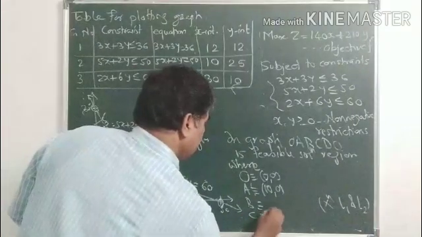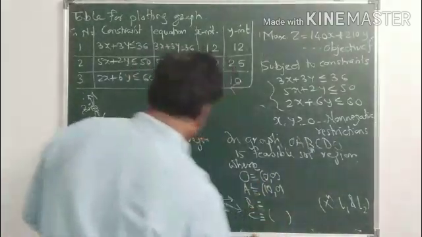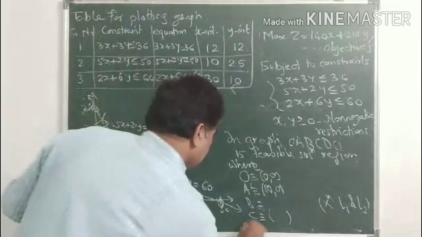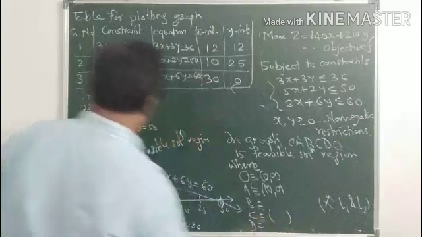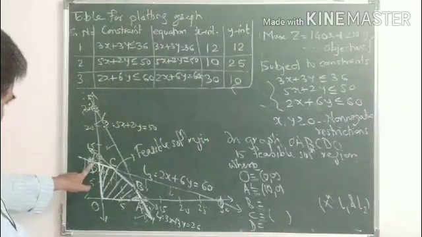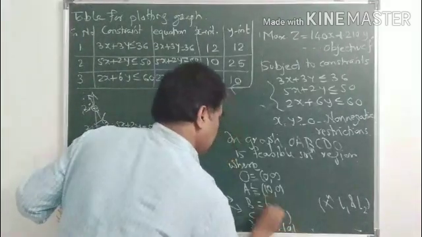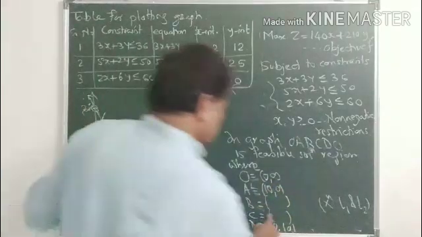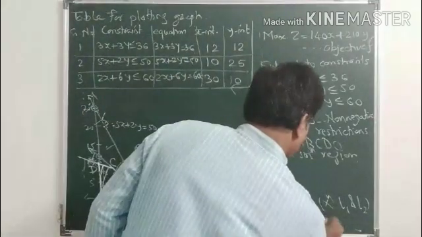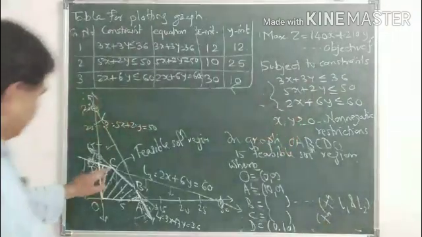C is the intersection point, and D again lies on the y-axis, and it is nothing but 10 on the y-axis, so it is 0, 10. C is the intersection point of L1 and L3.